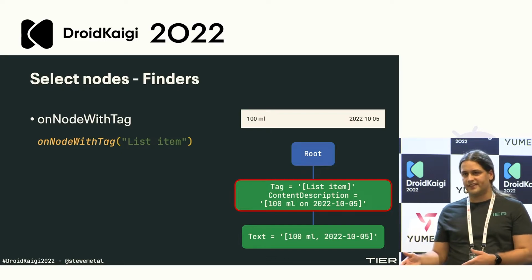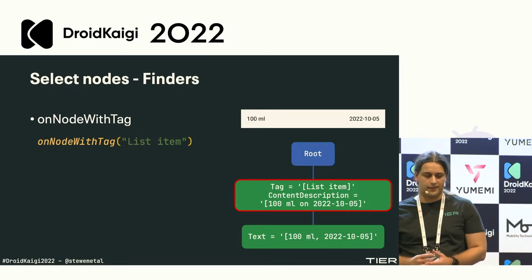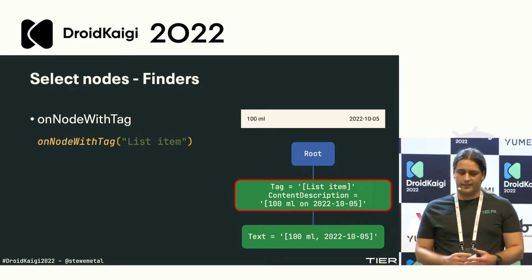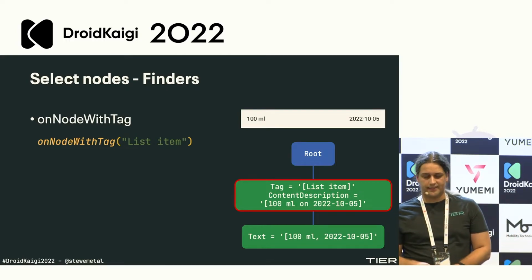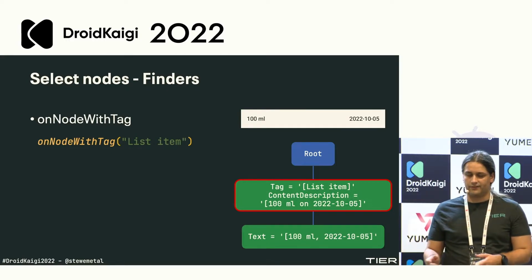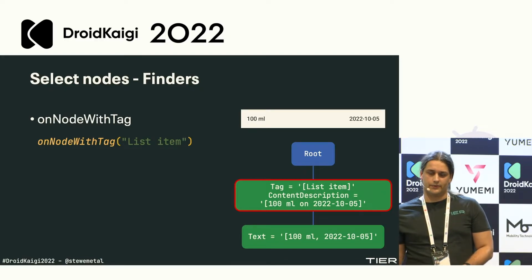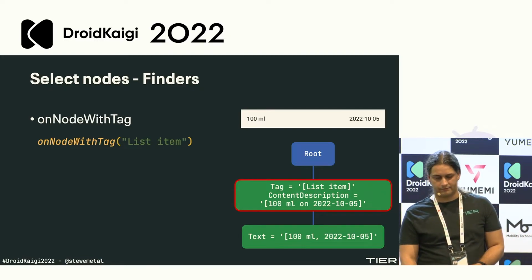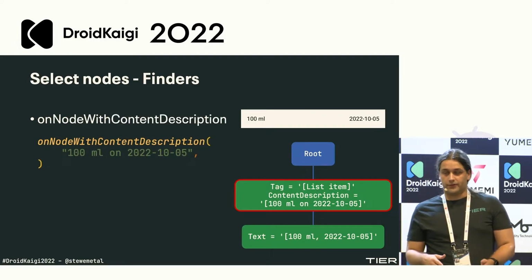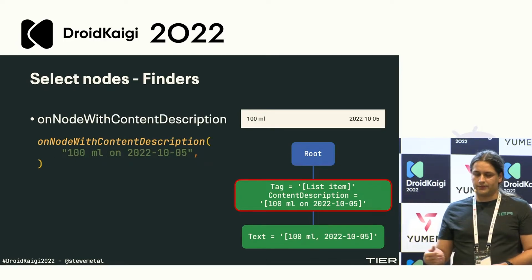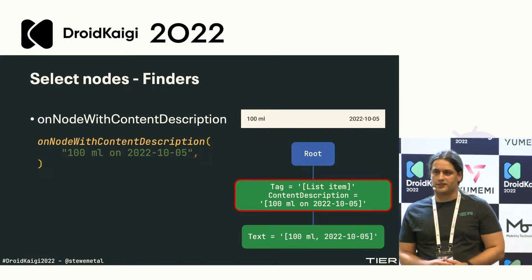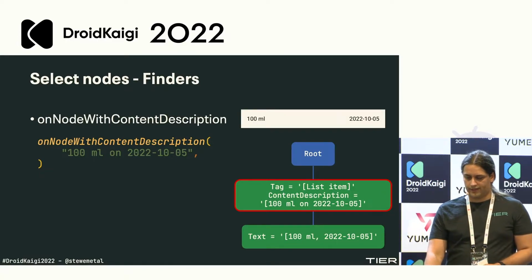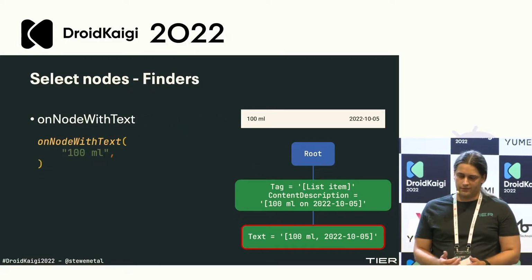For example, onNodeWithTag tries to find a node that has the tag that we provide. In this case, that middle node has the tag of list item, and we're looking for that, so that node will be selected for testing by this function. Of course, we have some more of these functions. onNodeWithContentDescription tries to match the content description, and onNodeWithText tries to match the text.